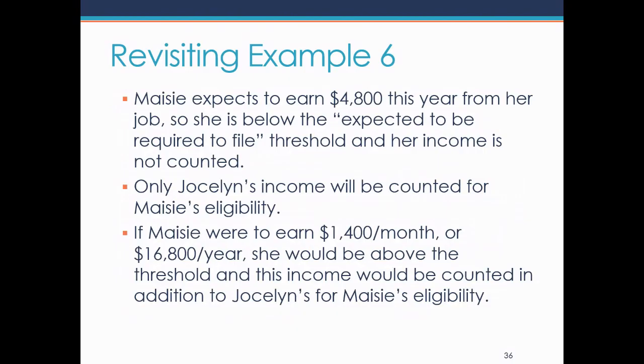Now, if Macy were to earn $1,400 a month from her job or $16,800 a year, she would be above the threshold of $14,600, and her income would be counted for her eligibility in addition to Jocelyn's income. But it still wouldn't count for Jocelyn because Jocelyn's a household size of one, just herself. Now that we know whose income is counted, let's move on to what income is counted.